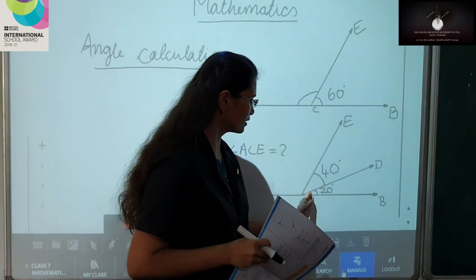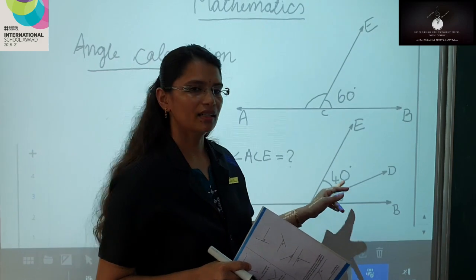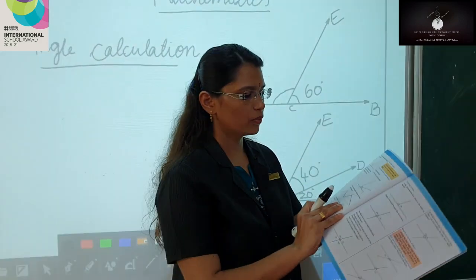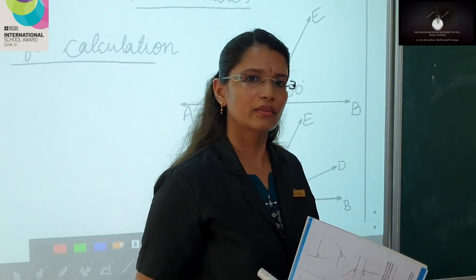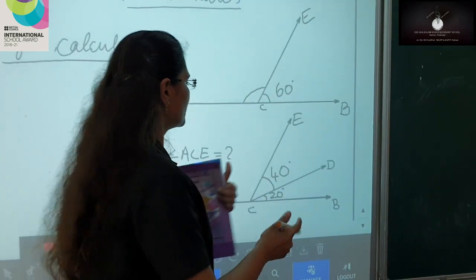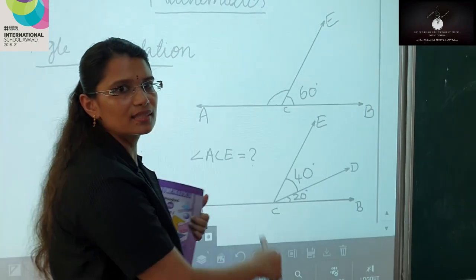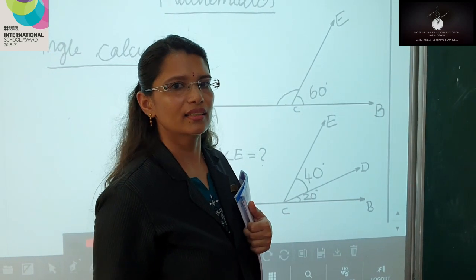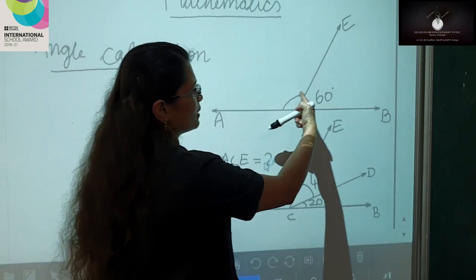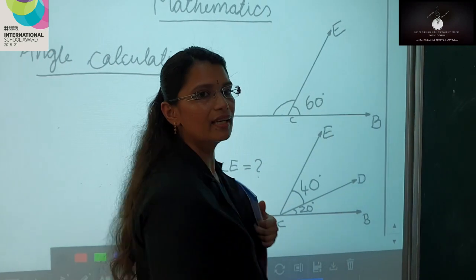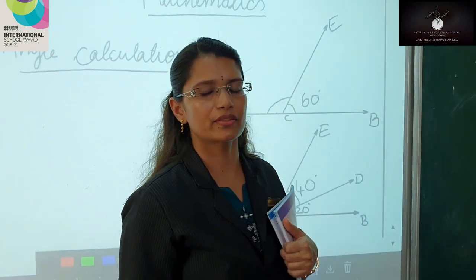Here the measurements are given 20 degree and 40 degree. In your textbook it is 25 and 50. Here we need to find out what is angle ACE. We already know that the sum of these two angles must be 180 degree. That is linear pair is equal to 180 degree.